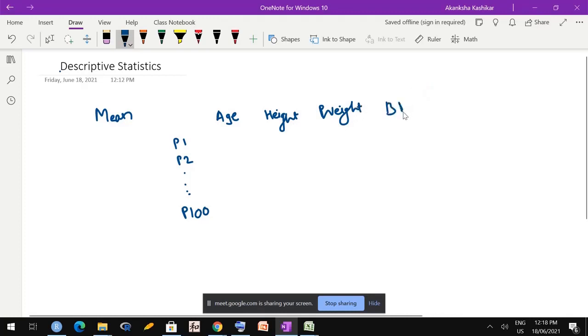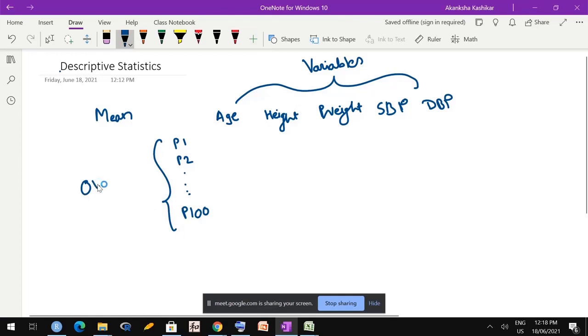Blood pressure will have two values, systolic blood pressure and diastolic blood pressure. Suppose these are the 5 variables on which I have recorded the data for these 100 people. Now in the multivariate scenario, we will call these variables. These are my variables on which we are collecting the data, and these people are my observations.